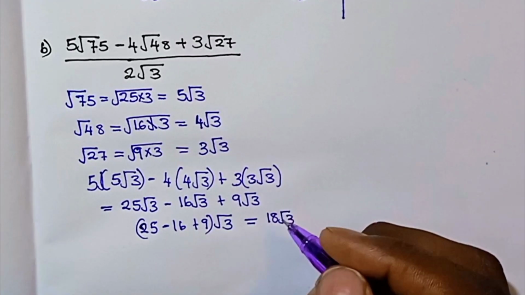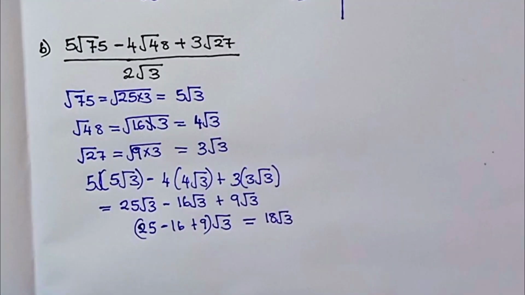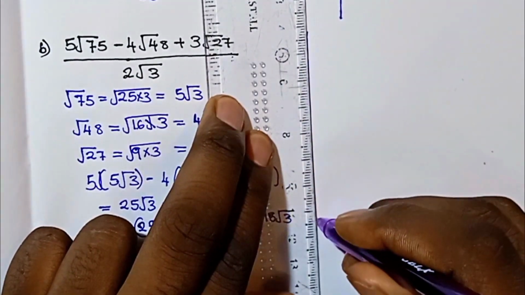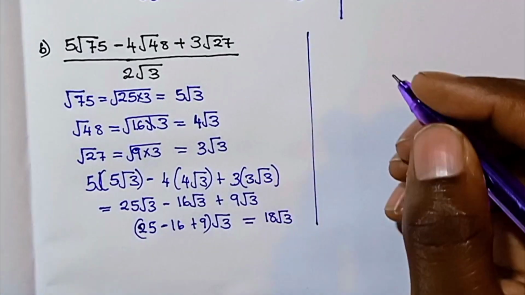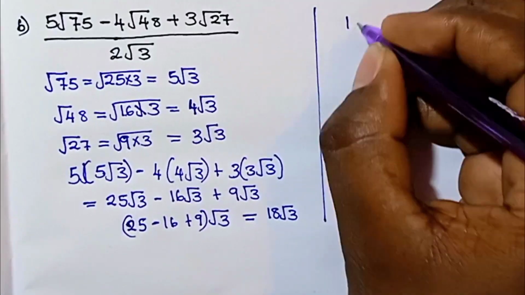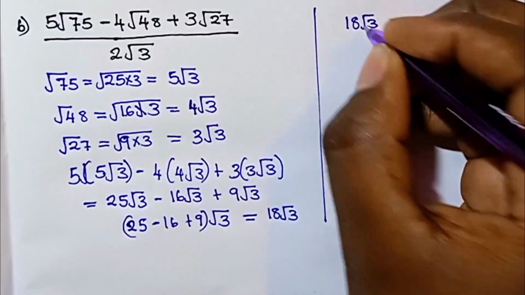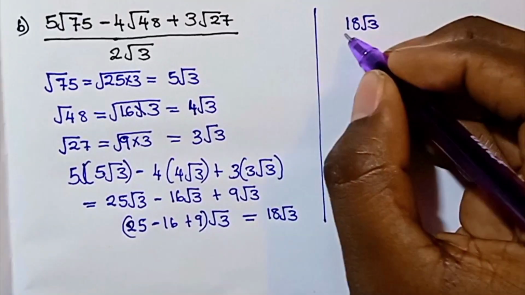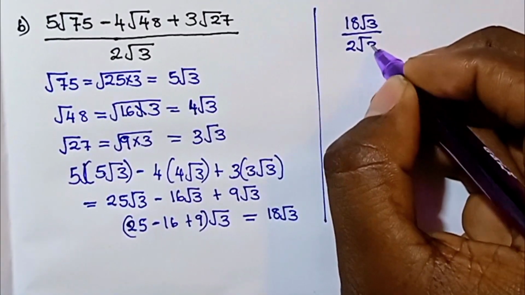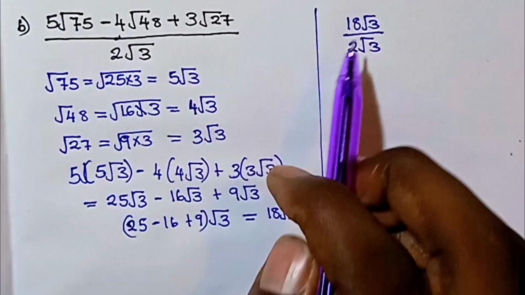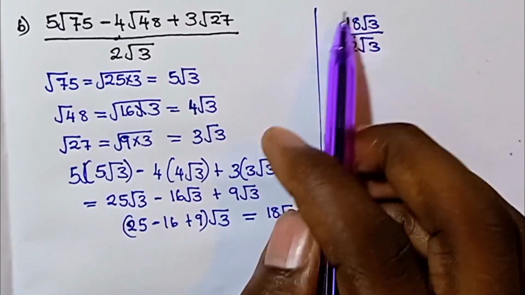Rewriting it together with the denominator, we're going to have 18 root 3 divided by 2 root 3. This one is the same as the original, but these have been simplified.